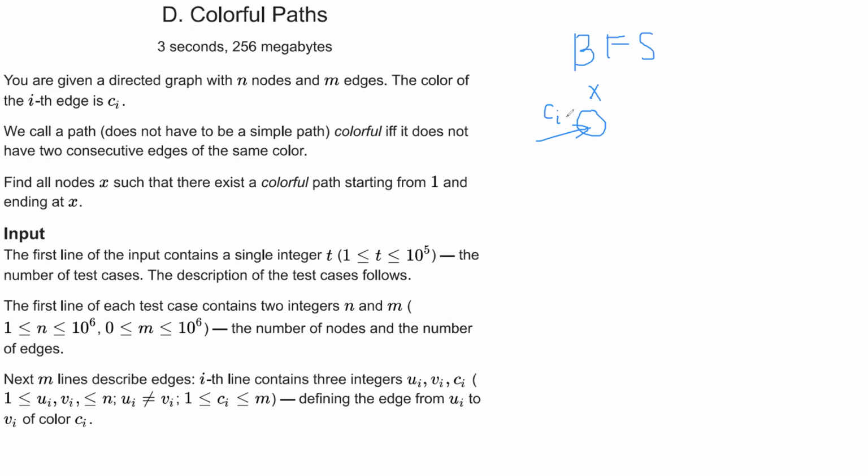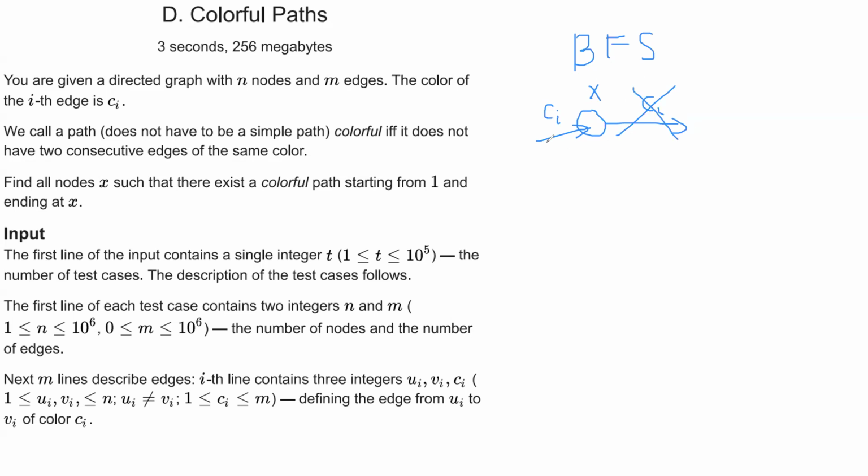And that's how it goes. Then when we construct all other paths, we construct them from all already visited nodes. So we cannot take an edge with the same color. So it will be restricted.